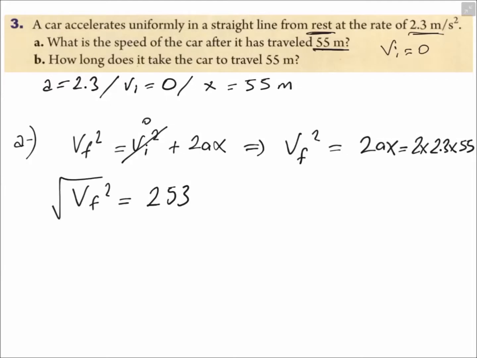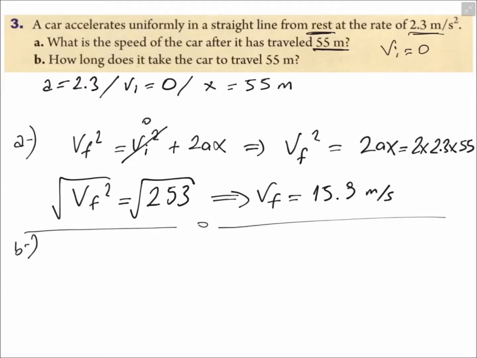If you take the root of both sides, V final is going to be 15.9 meters per second. And at B, it says how long does it take the car to travel 55 meters. So what does it mean? It's asking for time.